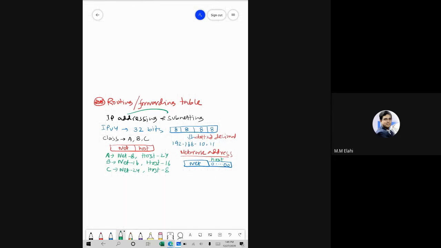Now come back to our example. Let me draw the picture here. That was the router with name router, and that was the three interfaces. So this router's name was router, and then it has three interfaces.